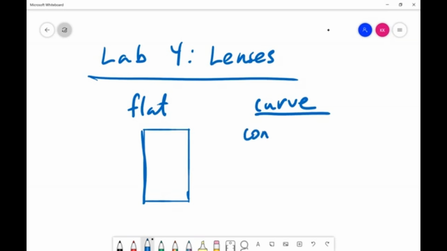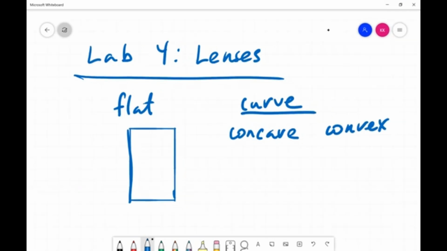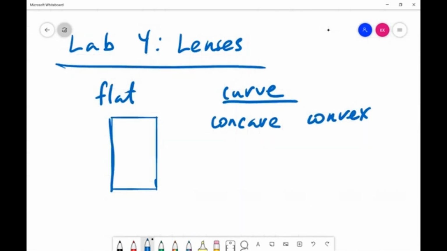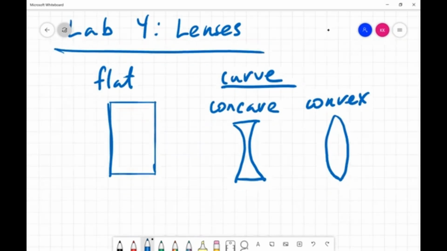So there is concave and convex. Concave and convex are very similar to the mirrors as well, in shape. So the concave one is shaped like this. Let's say this is the shape of the lens. Then the convex one is shaped sort of like this. Those are the curved lenses.